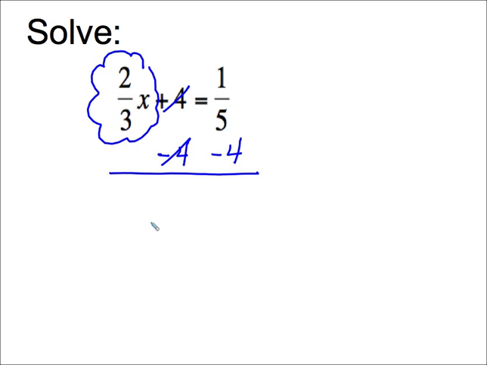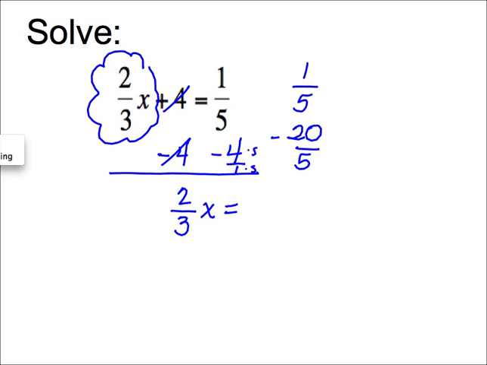These cancel out. Awesome. So I'm left with 2/3 x over here on the left. And on the right side, I have 1/5 minus 4. Well, you can get a common denominator, 4 over 1. So 1/5 can just stay the way that it is, and I'm going to put this over 5, which means I have to multiply by 5, I get -20.